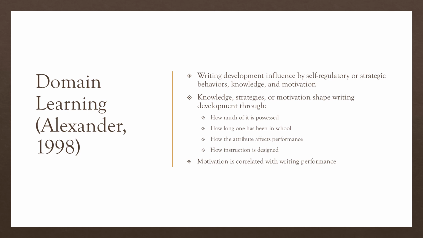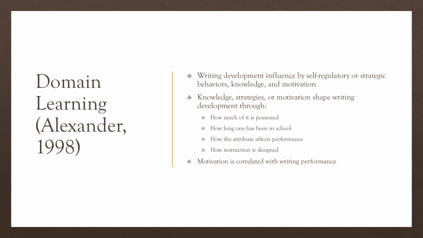So if you have a lot of knowledge, if you know a lot of strategies, if you are motivated, you will develop as a writer. If you're not, you will not develop as quickly. So it really depends on how much of these things you have, how much knowledge, how many strategies, how motivated, how long have you been in school, how much each attribute, knowledge, strategies, or motivation affects your performance. It really depends on what class you're in.